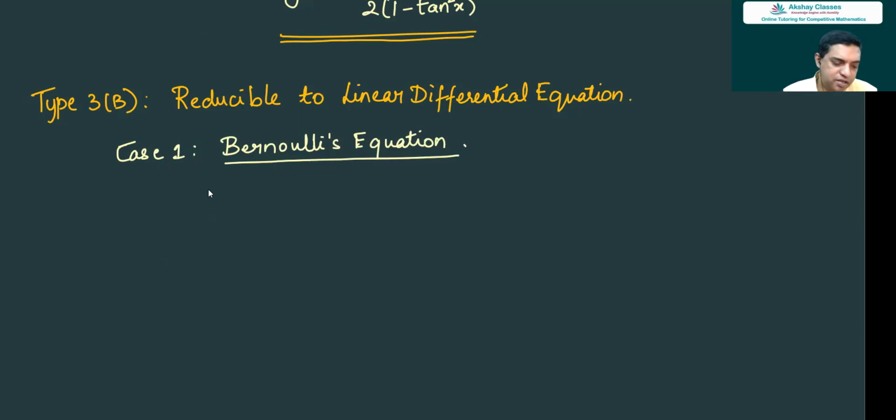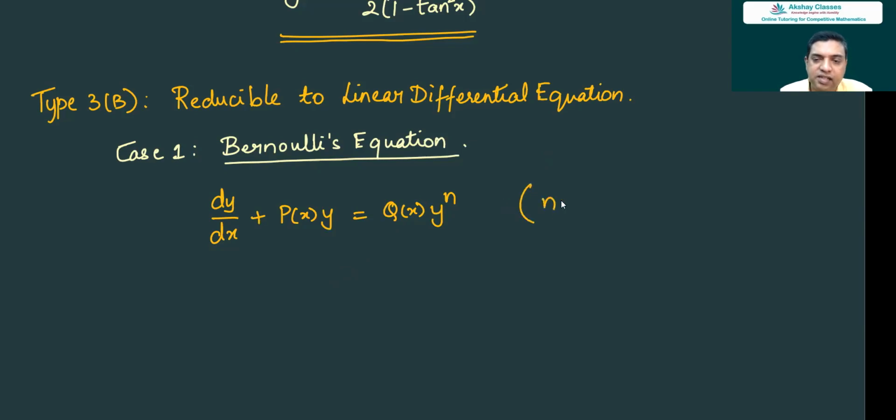Bernoulli's equation is of the form dy by dx plus p of x times y is q of x multiplied by y power n. So this is not a linear differential equation. Here n should not be equal to 0 or 1. If n is equal to 0 or 1, then we will not be able to simplify this.